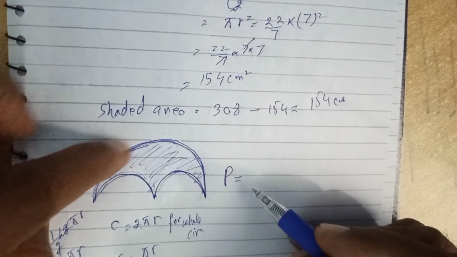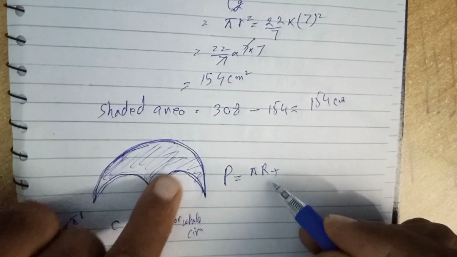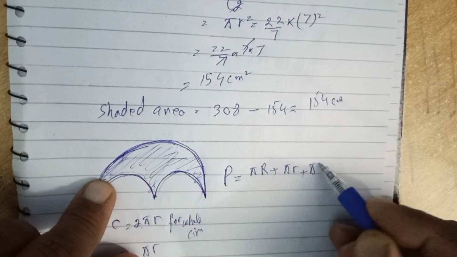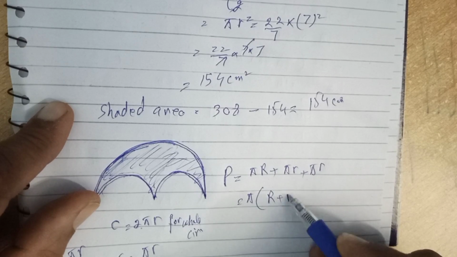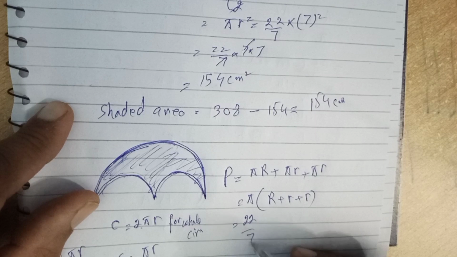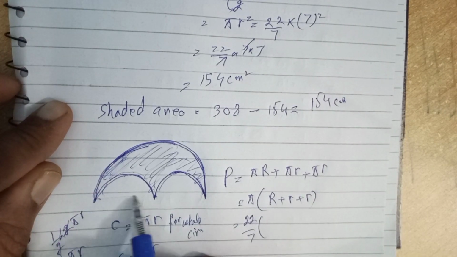Now the circumference of this semicircle is pi r, of this semicircle is pi r, and also this is pi r. If you take pi as common, it is r plus r plus r. What is the value of pi? It is 22/7. What is the radius of this big semicircle?